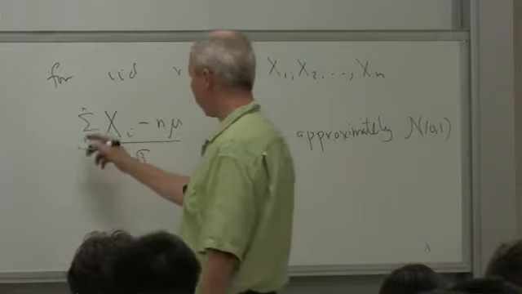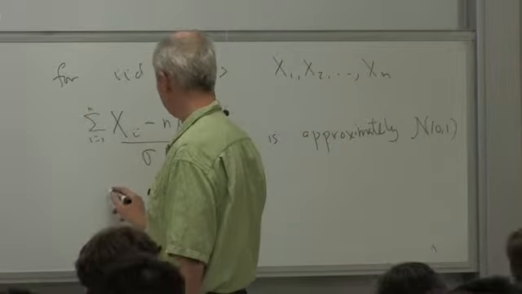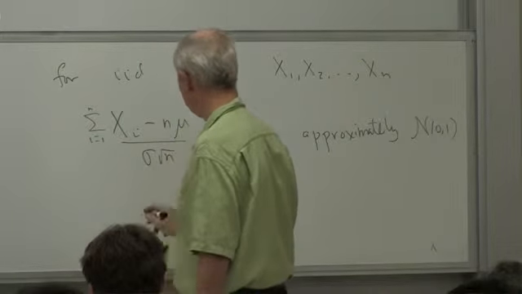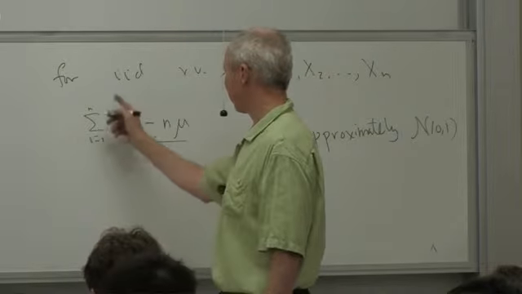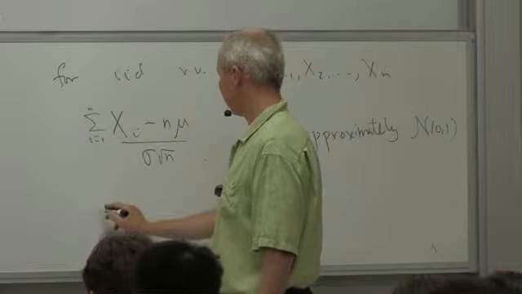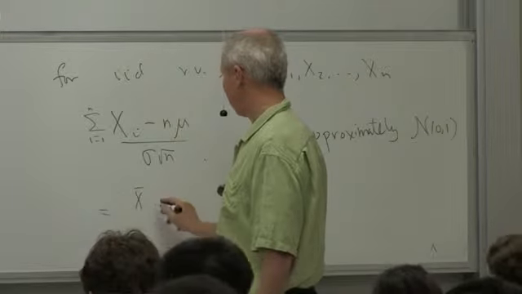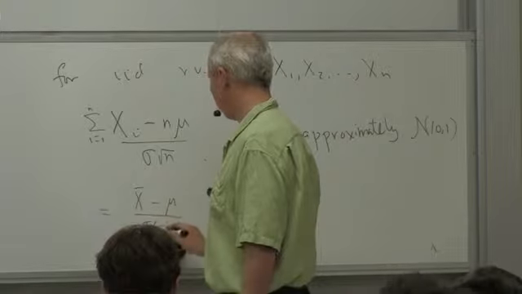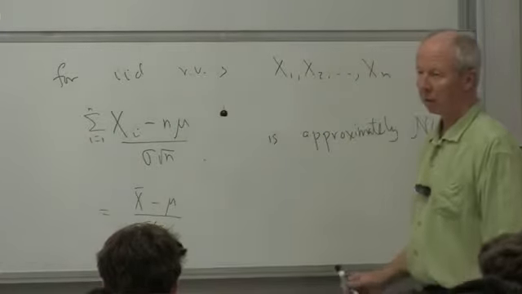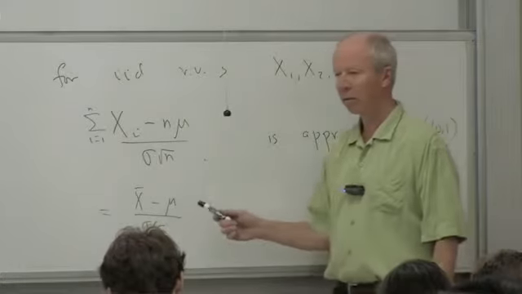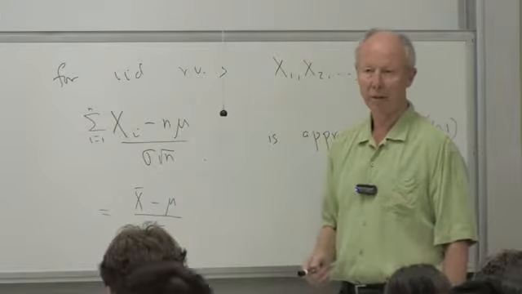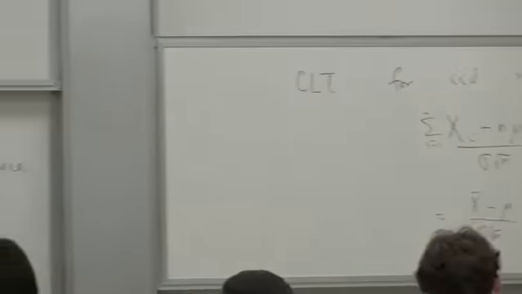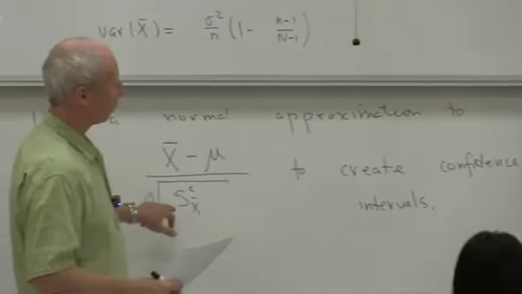If I divide top and bottom by n, what happens? I get x bar. If I divide this by n, I get mu. If I divide this by n, I get sigma over root n. Okay? But we're not in the IID case. Moreover, we don't know sigma in the sampling case. But we're close enough to the IID case that we can use normal, but we have to replace sigma over root n by this thing.